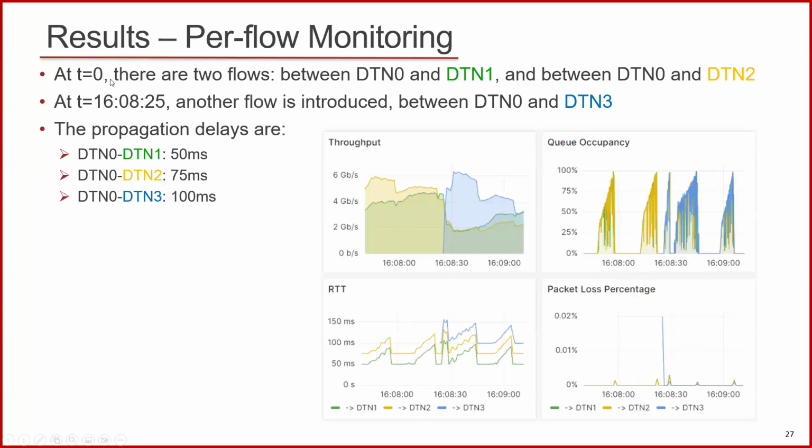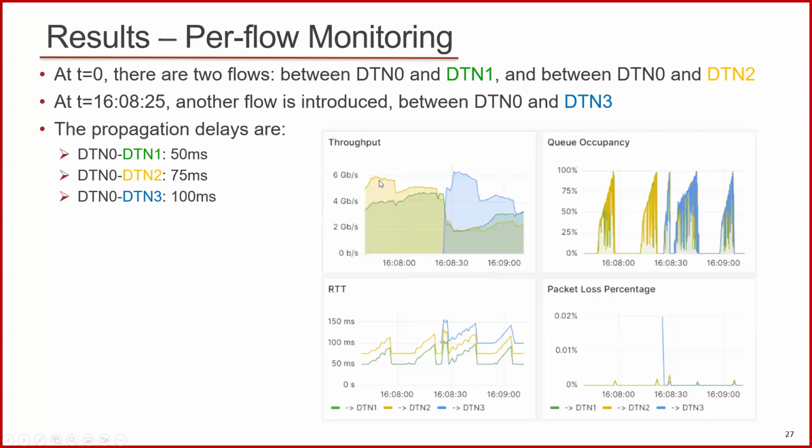At time equal to 0, we had two data transfers, and after that, at t equals 25, we introduced a third flow. The propagation delays of the three flows are 50, 75, and 100 milliseconds, respectively.